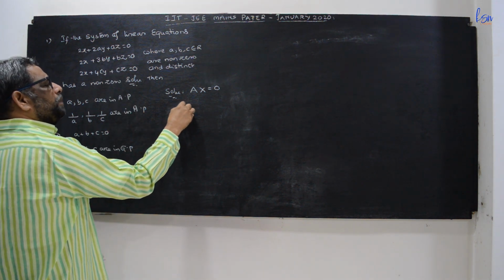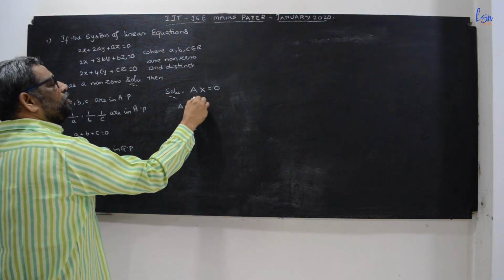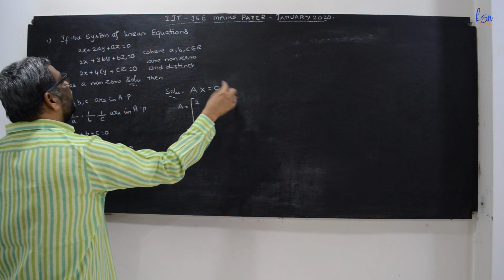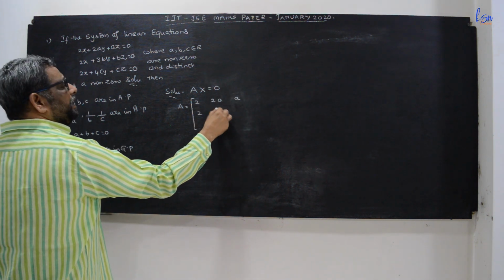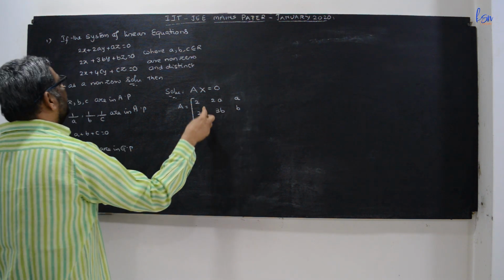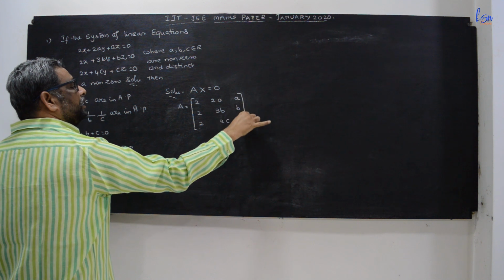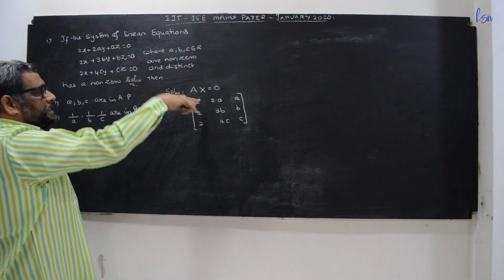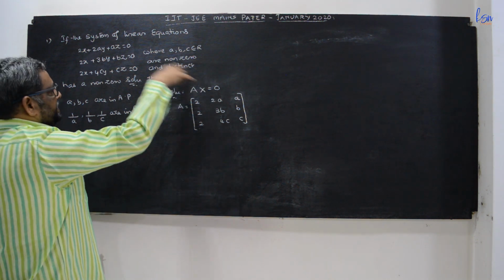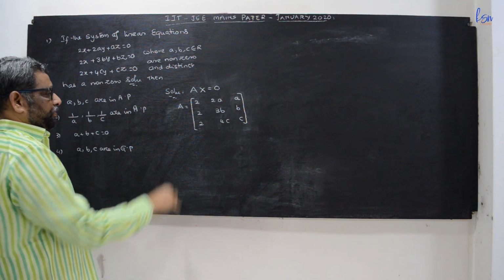So A can be taken as [2, 2a, a; 2, 3b, b; 2, 4c, c], and x is the column matrix containing x, y, z, and the right side is the column matrix containing 0, 0, 0.